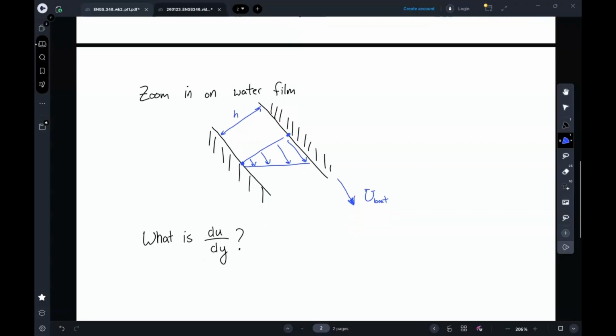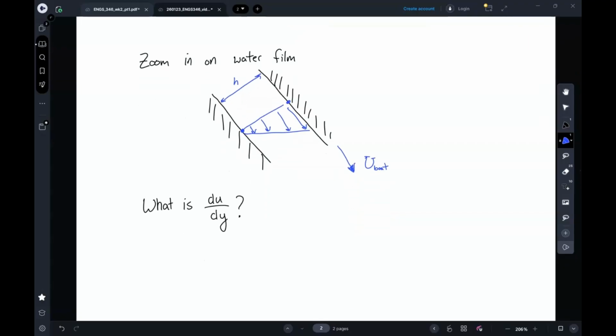All right, so du dy. What is du dy? Du dy is this slope, right? We have, again, the y dimension and the x dimension, which we've defined as x, the way the boat is going, and y is the direction of this little gap.